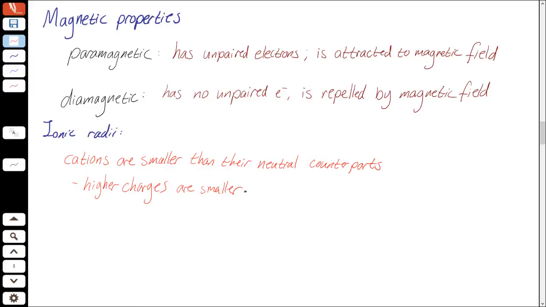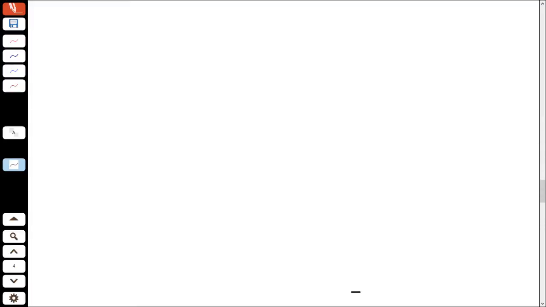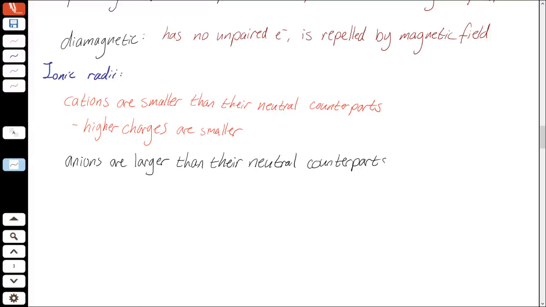All right, so jumping to anions, what do you think happens? The opposite, very good. So anions are larger. Okay, so why are anions larger?